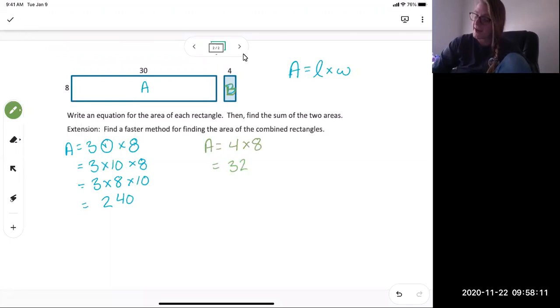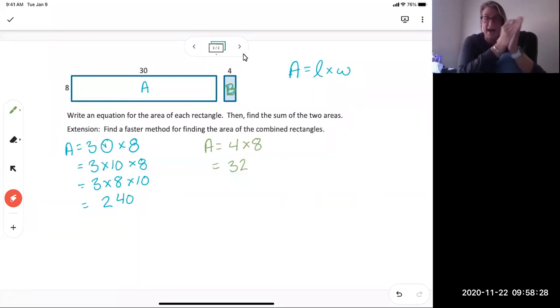Now, to find the sum, the next thing it says, find the sum of the two areas. So how would we find the sum of the two areas? What does sum mean? Well, sum is the answer to an addition problem. So really, we just want to add our two rectangles together.